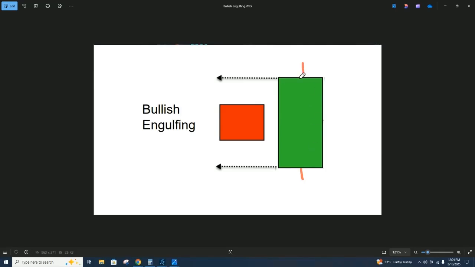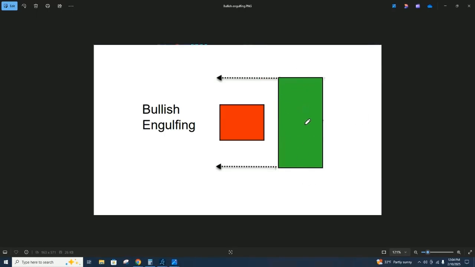People sometimes think the engulfing candle has to engulf the shadows or wicks. That is not the case. It's body to body. The candle has to engulf the prior day's body, so that's very important. You take the wicks or shadows out of it.